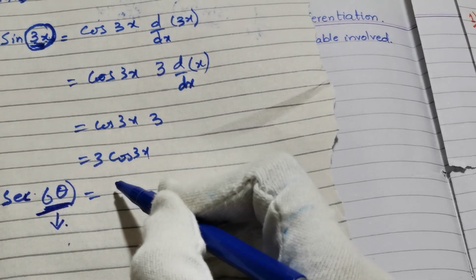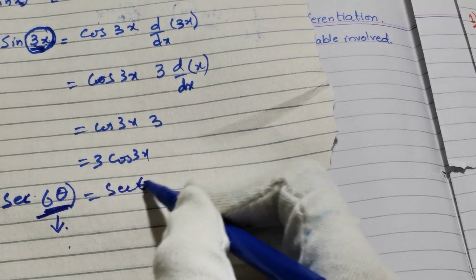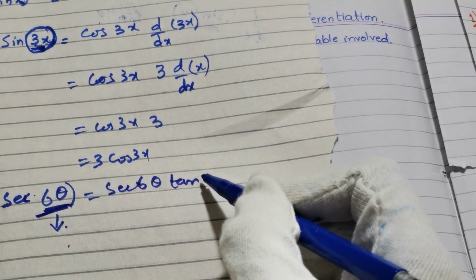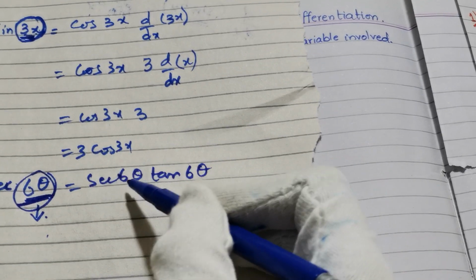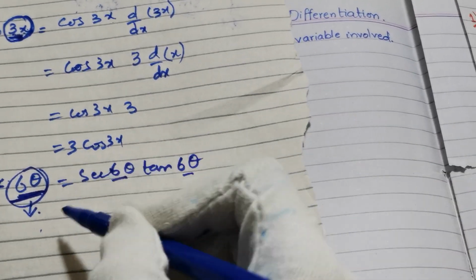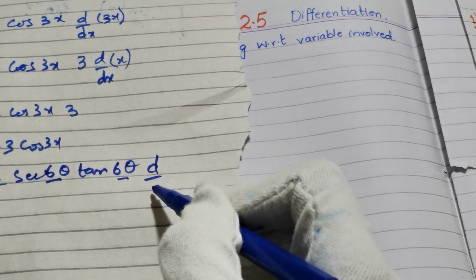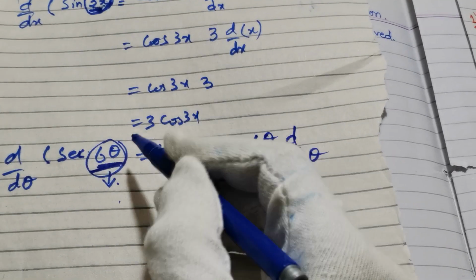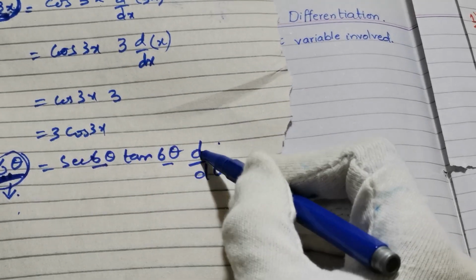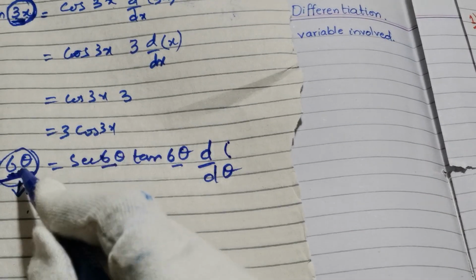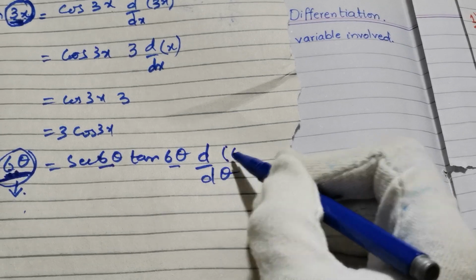Here the angle is 6 theta, so we'll write secant 6 theta tan 6 theta. Now this is not 1 theta, this is 6 theta, so we will take the derivative of this angle.